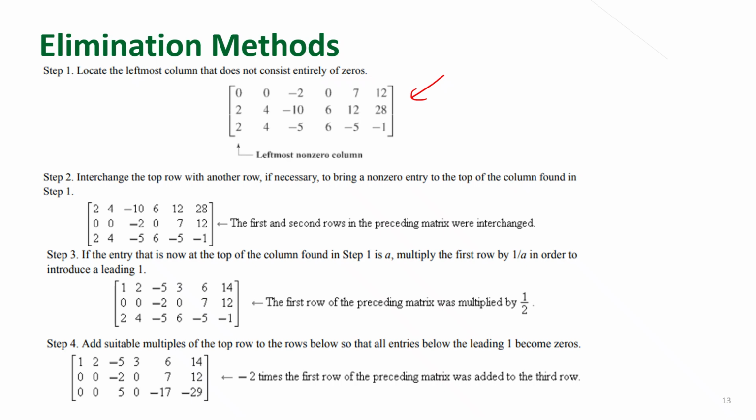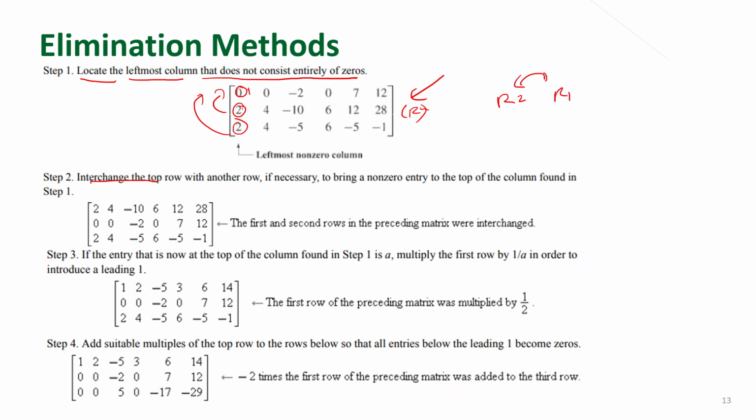First of all, step one is we need to locate the leftmost column that does not consist entirely of 0. You can see here we have this 0, and this should be 1, so this or this can be switched. In this one we select the second row, row number 2, to interchange with the top row. So row number 2 is switched with row number 1.